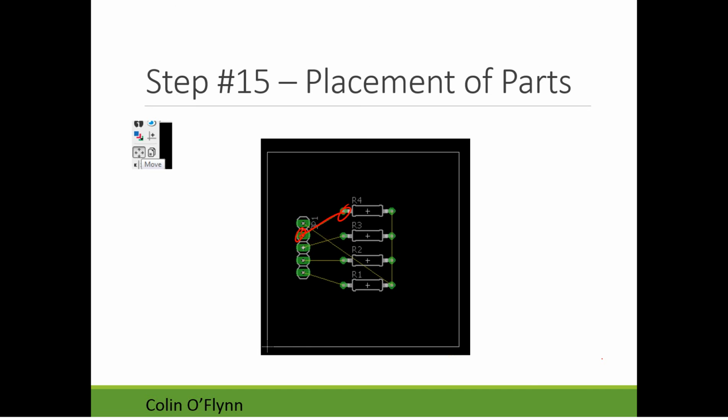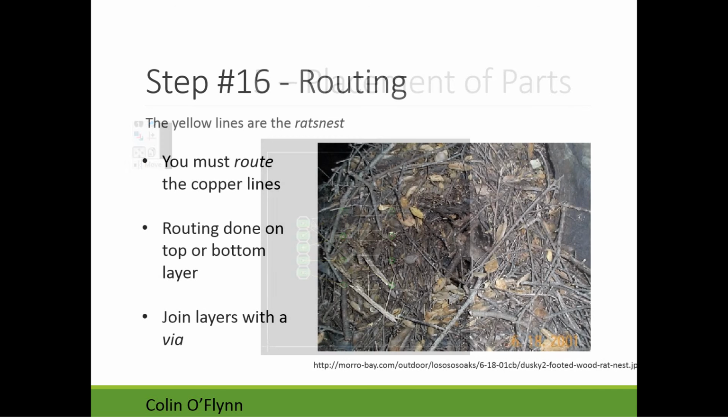They call it the rat's nest, or air wire, because a rat's nest, if you ever find one, looks really messy like that. So you're going to have to route the lines. The rat's nest itself is not an actual connection. You have to route the copper lines on your circuit board how you want them to go. You can do this on the top or bottom layers, and you switch between layers with a via.